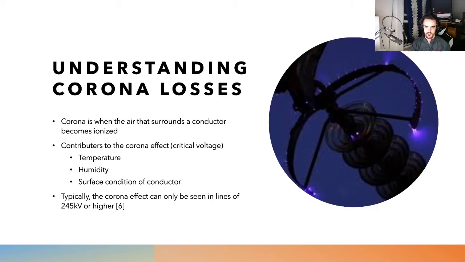You can see pictures online where very high voltage lines will glow in the nighttime, especially around edges and rough places, like around the components. This is because sharp edges and rough edges are more susceptible to arcing due to their nature. So contributors to the corona effect are temperature, humidity, and surface condition of the conductor.